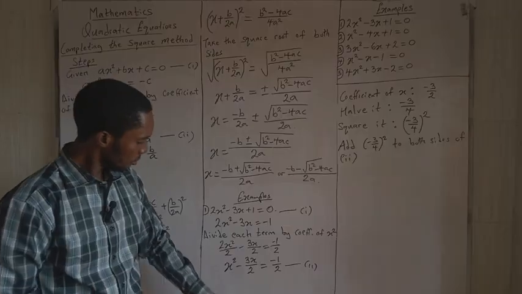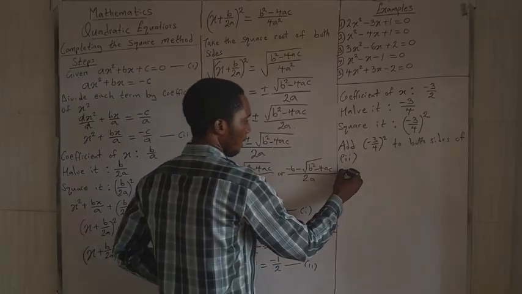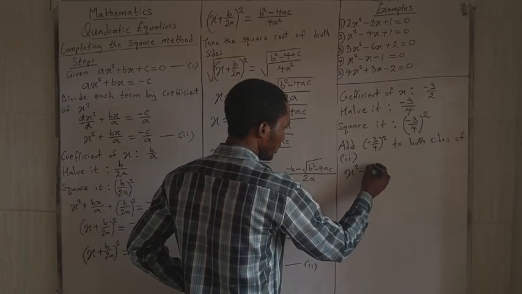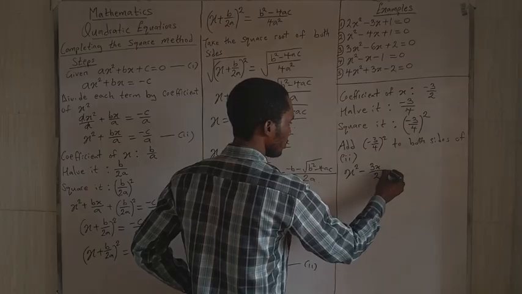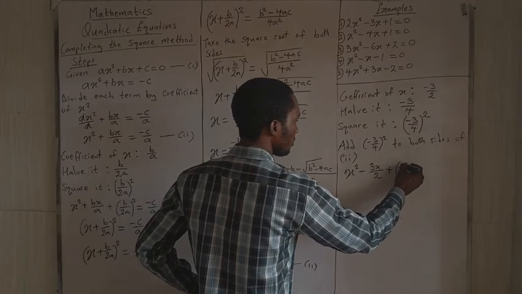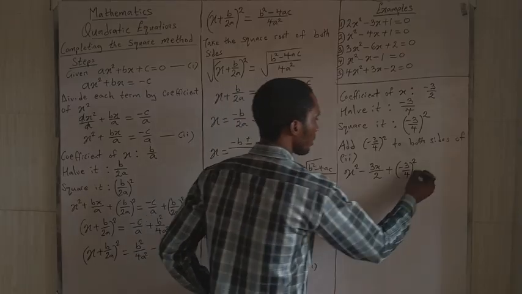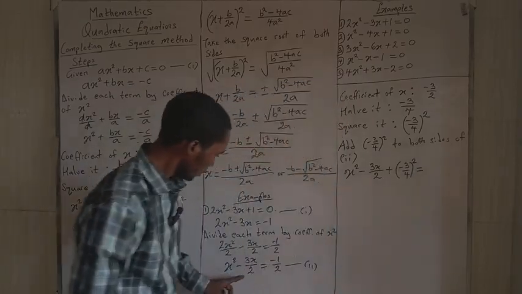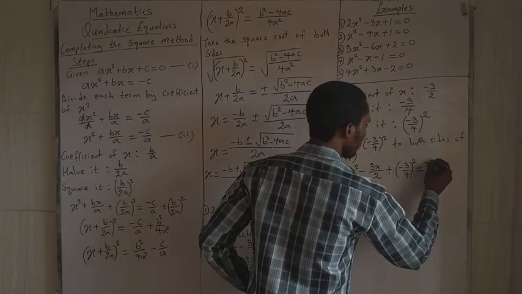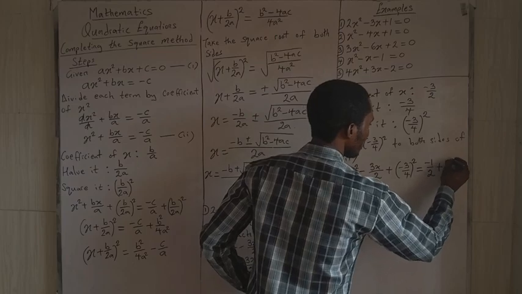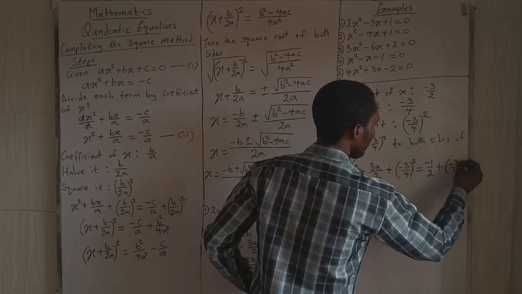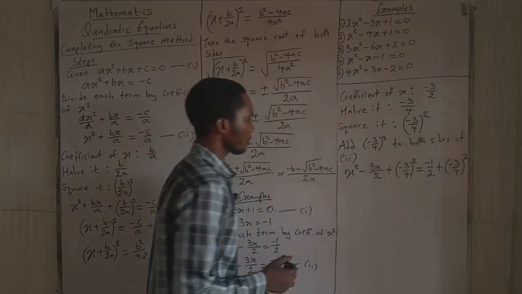And what is equation 2? x squared minus 3x over 2 plus (minus 3 over 4) squared is equal to minus 1 over 2 plus (minus 3 over 4) squared.